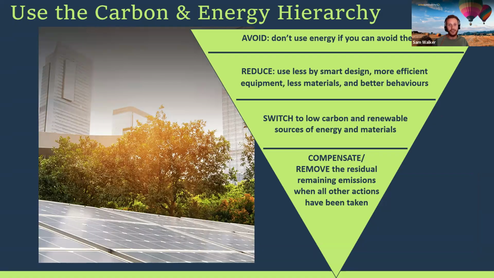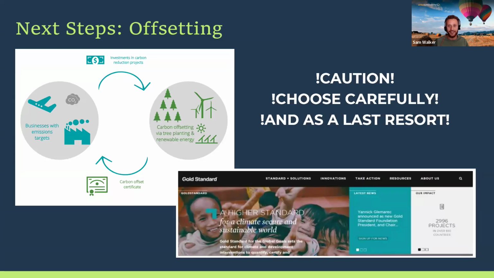So as an organization, don't rely on carbon offsetting. It should be a last resort, and it's not actually addressing the root cause of the problem. What we're seeing a lot now is organizations getting called out for just relying on offsetting, rather than making any efforts to reduce their carbon emissions anywhere else.